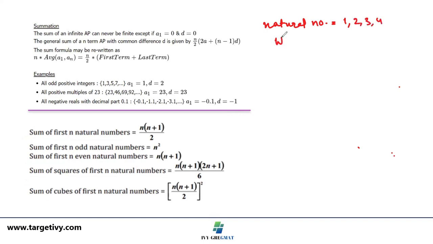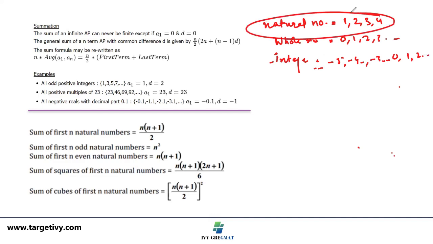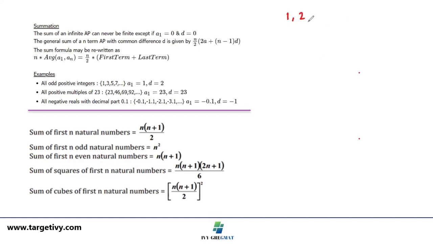For our understanding again, what is a whole number? Whole numbers start with 0, 1, 2, 3, like this. And integers are minus 5, minus 4, minus 3, 0, 1, 2, like this. So the moment the word natural number comes in the picture, it is 1, 2, 3, 4.